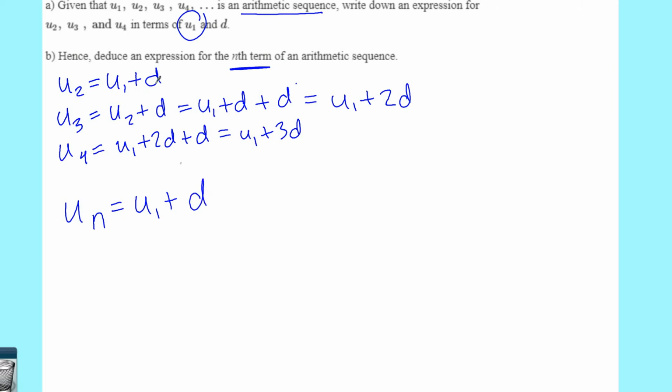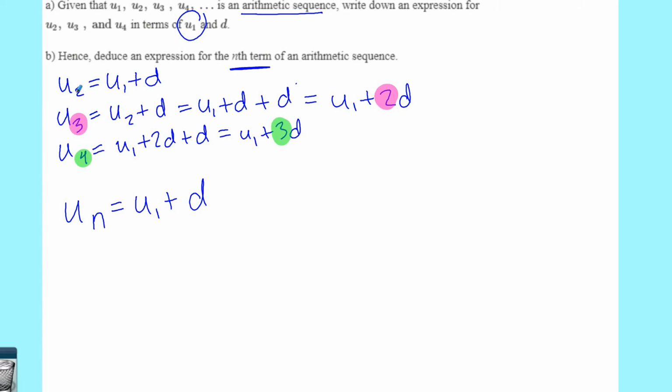Okay, so we know it's going to be a difference, but how many differences? Let's notice something. I know that for the fourth term, I multiplied by 3. Then the third term, I multiplied by 2.